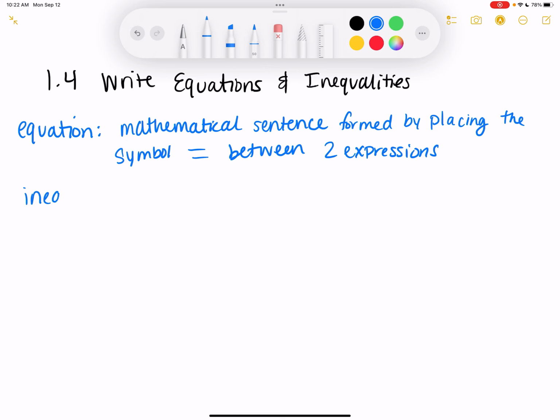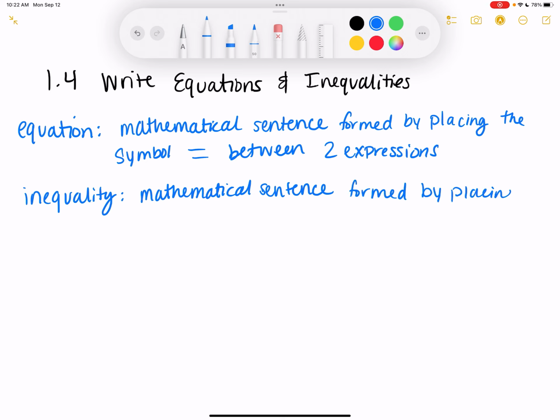An inequality is a mathematical sentence formed by placing one of the following symbols between two expressions.